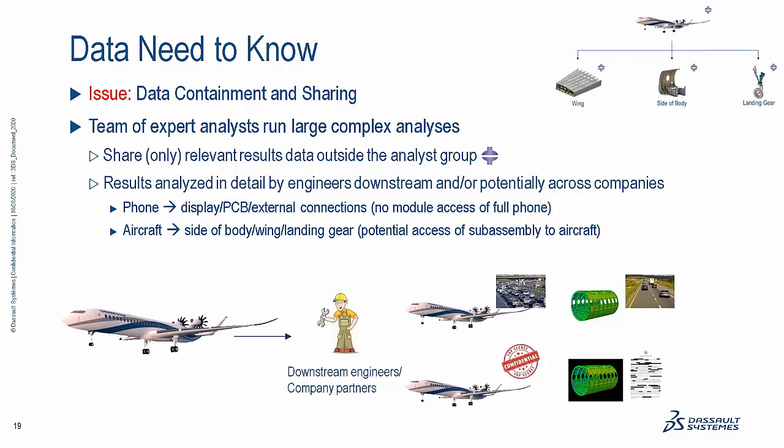But you may need to work with different groups, or you may need to work across companies, and you don't want them to have access to all of the data that you put into that database. So with some kind of ODB reducer, you'd be able to either take the whole model and reduce the field data, or you'd have the ability to wipe out material information or sections of the model so that they don't have access to that.